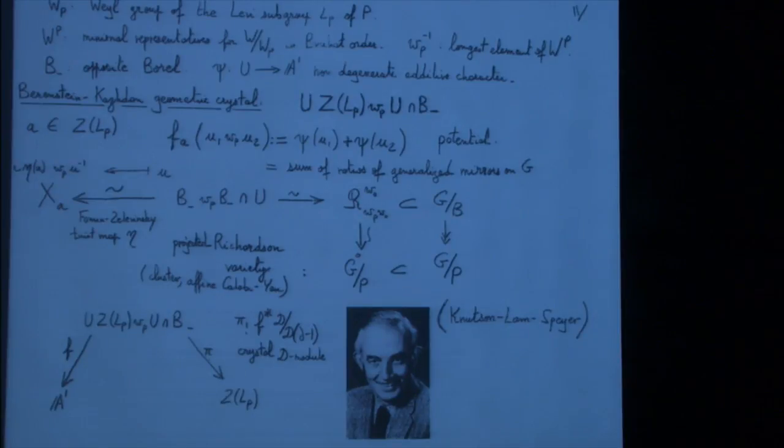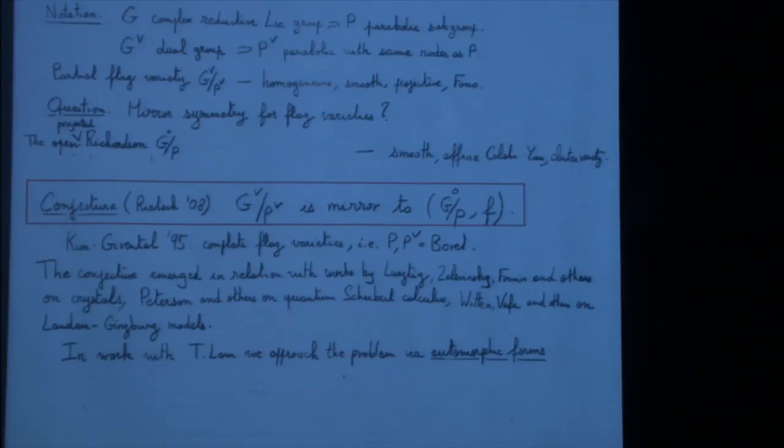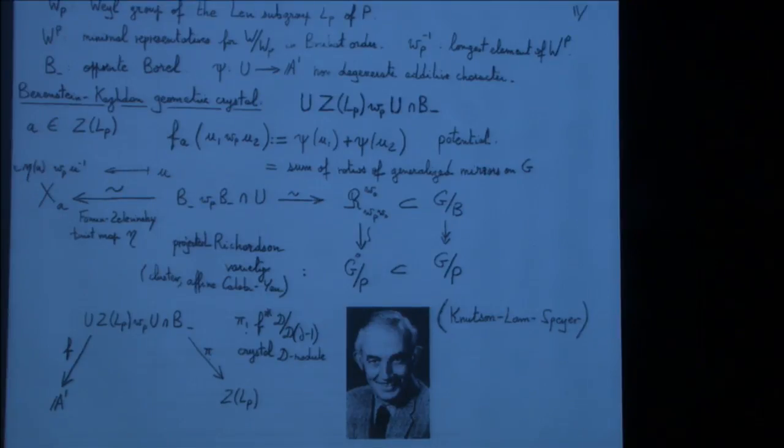Now, a bit more formally: if you're a geometer and you want to know what's inside this G mod P circle F. The exact definition is you have this Weyl group element attached to the Levi.